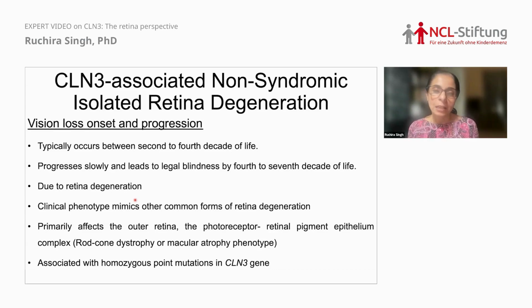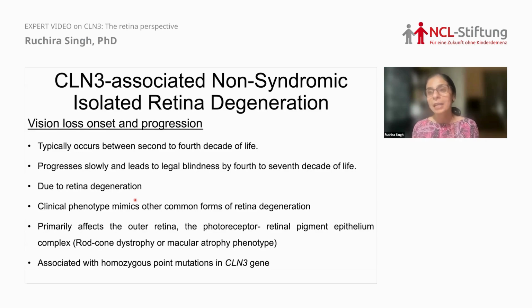When you compare it to the classic CLN3 disease or the protracted CLN3 disease, this disease progresses slowly. However, it also leads to legal blindness, again by the fourth to seventh decade of life. It is also due to retina degeneration and can mimic other common forms of retina degeneration.